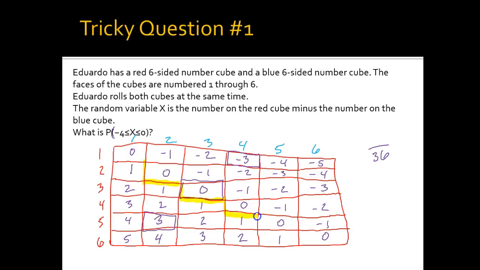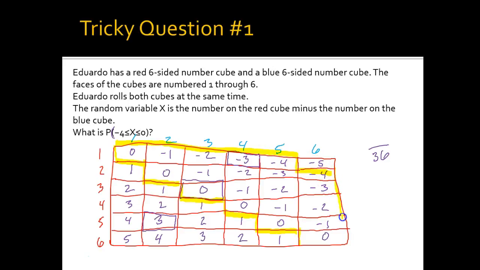So I'm going to just put a highlight down here between the zeros and the ones. We want the zeros, that's what we're looking for. Less than or equal to 0, not greater than, so we don't want the ones. And then we're going to put a line all the way around all the numbers that are between negative 4 and 0, including the negative 4s and the zeros.